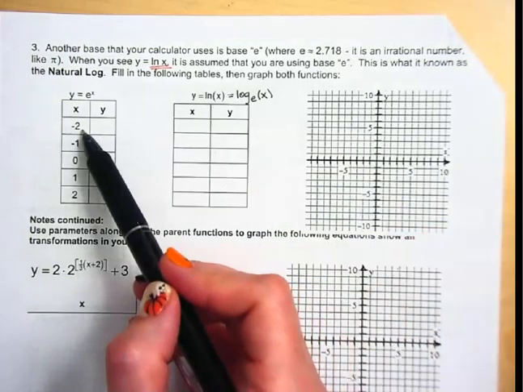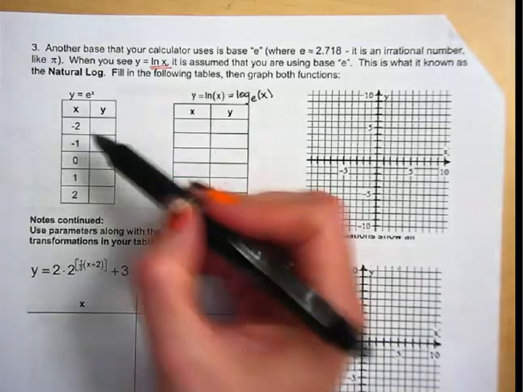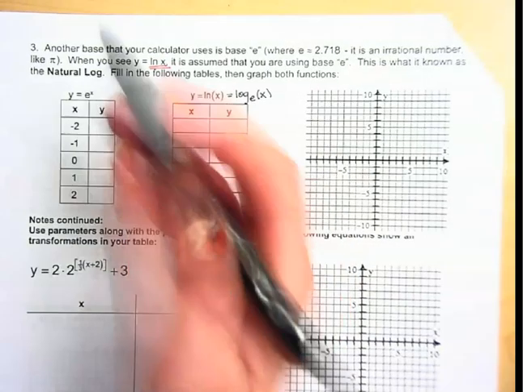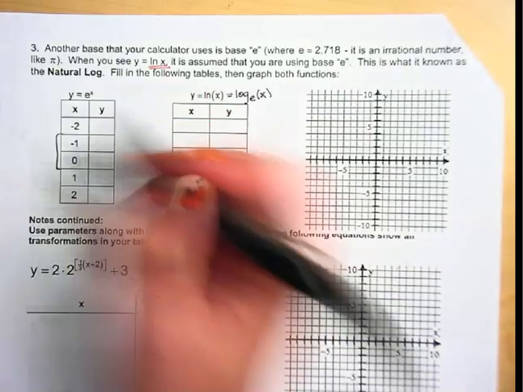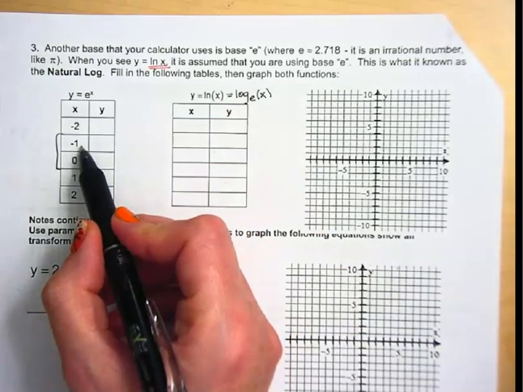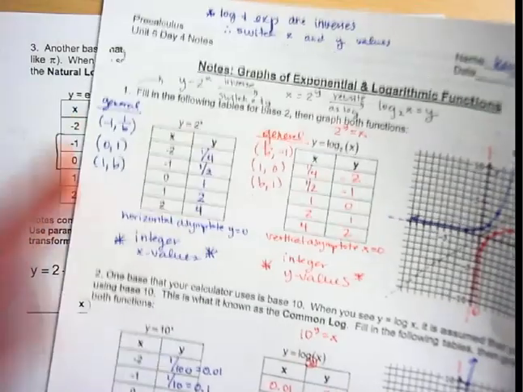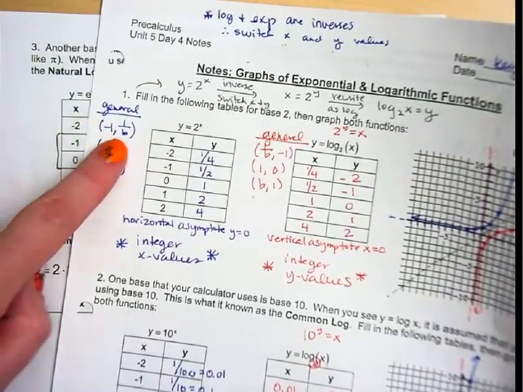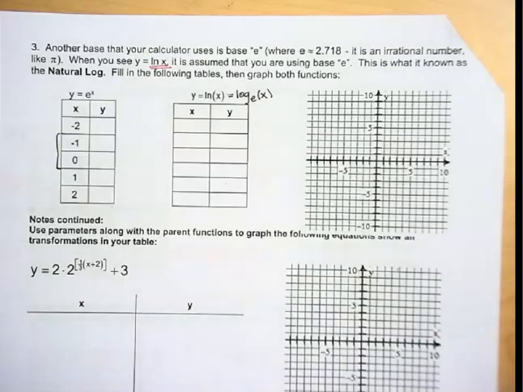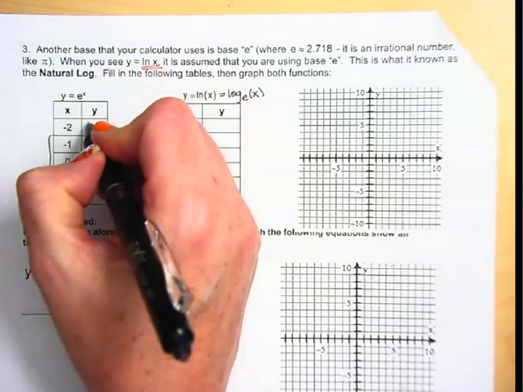So when I go to plug these exponents in for e to the x, I'm actually going to start with these three. If I have a -1, I know that its form is going to be, so this is what we wrote on the front of the notes. If you have -1, your y is 1 over the base. So my base is e, or 2.7.